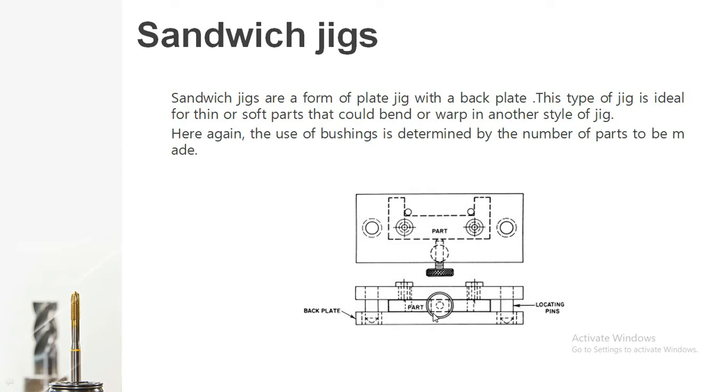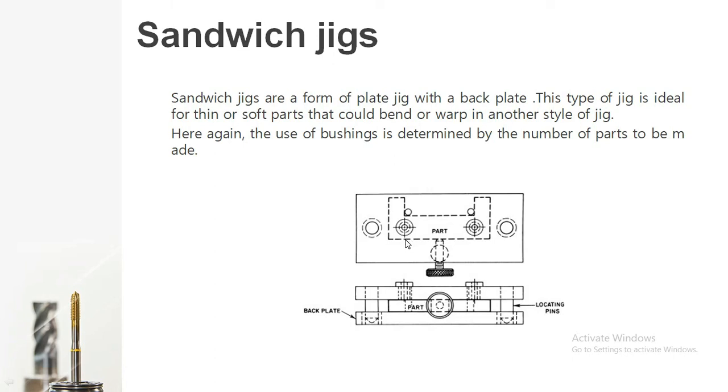Now here the backing plate and the top jig plate are placed in such a way that whenever you have to machine these holes, they are properly inserted and the holes are generated at the proper location due to the upper jig.